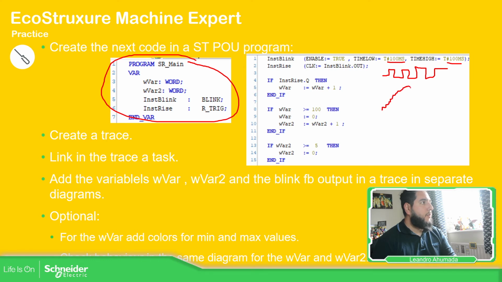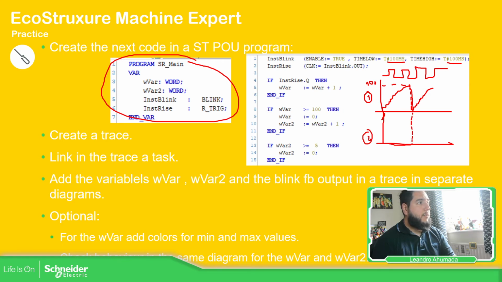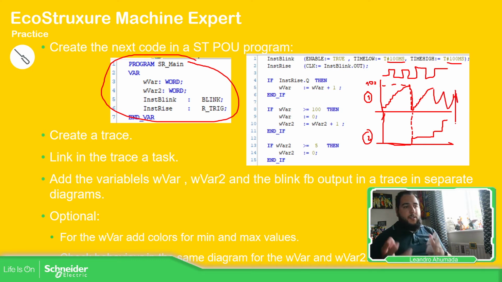It's going to increase, and as soon as it reaches the value 100, it will go to 0. It will start again, and I have another variable, number 2, that will increment 1 time each time this one rises, until it reaches 5. It reached 5, and it will go to 0 again. So that's the idea.